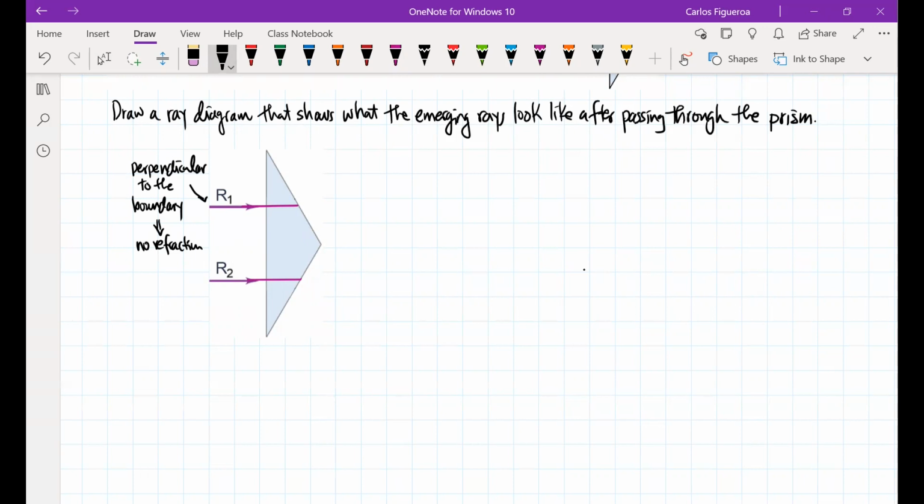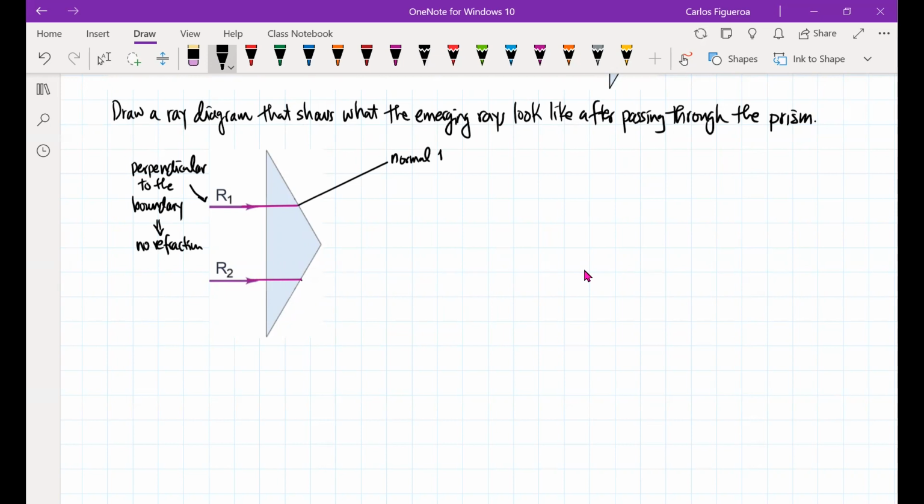So the first thing I've got to do here is draw my normal. Right here, this is my normal 1. And then I have a second normal over here, which I'll just hide, of course.